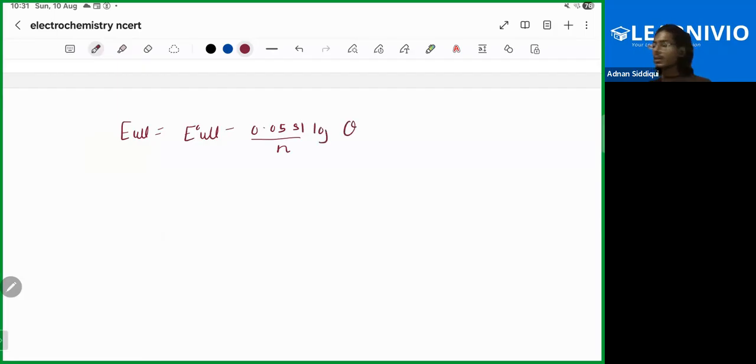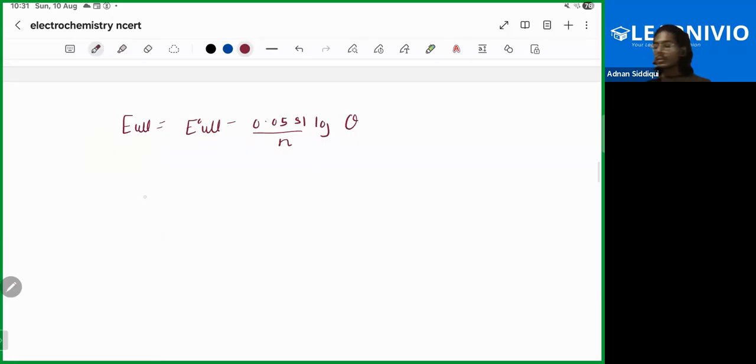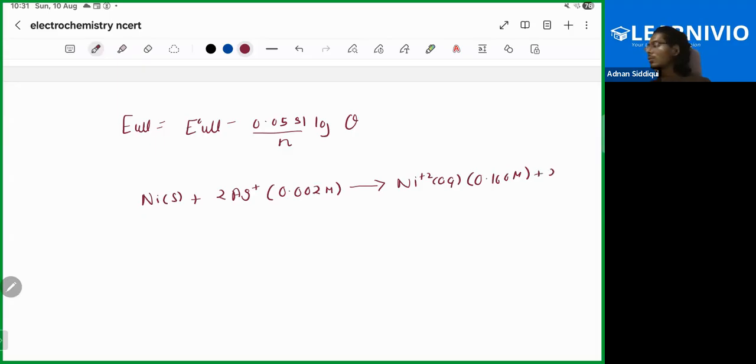In the question, what is the reaction basically? Solid Ni plus 2Ag positive, aqueous, which is 0.160, gives Ni plus 2 aqueous plus 2Ag solid.